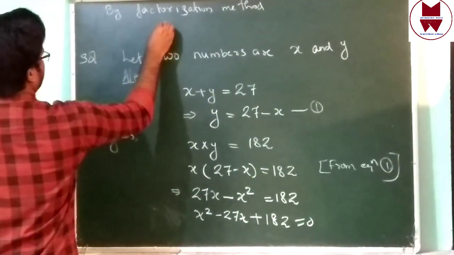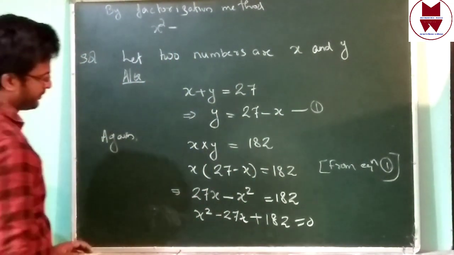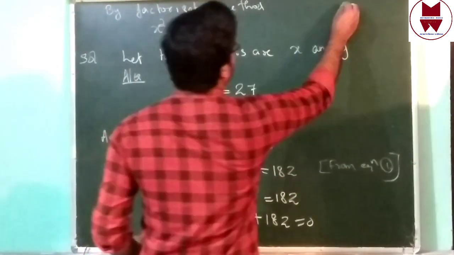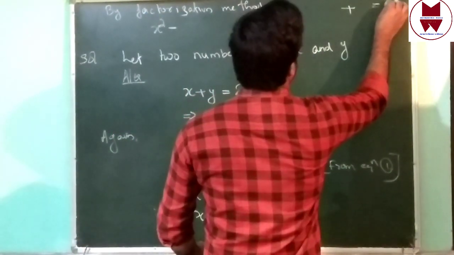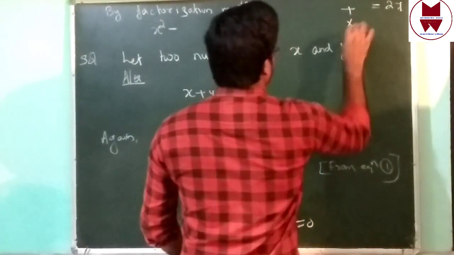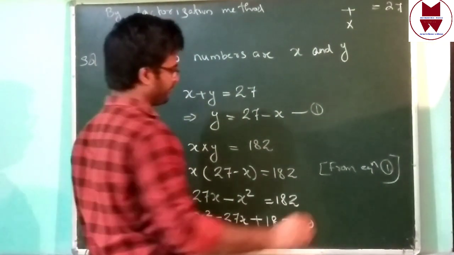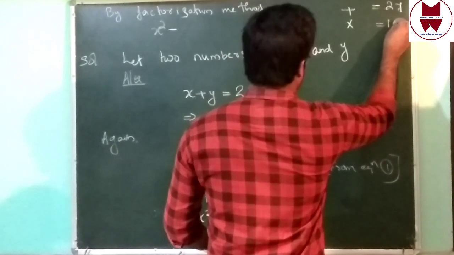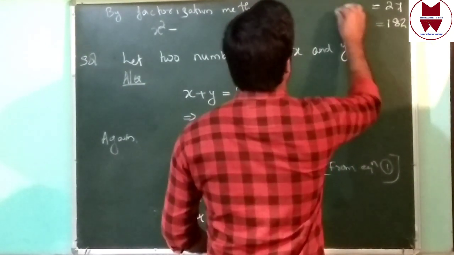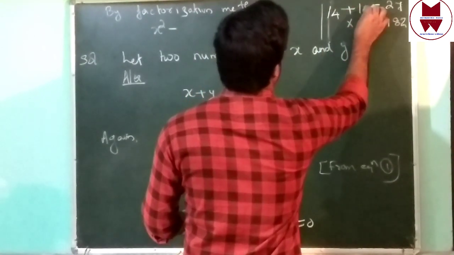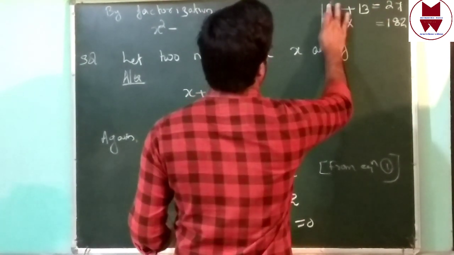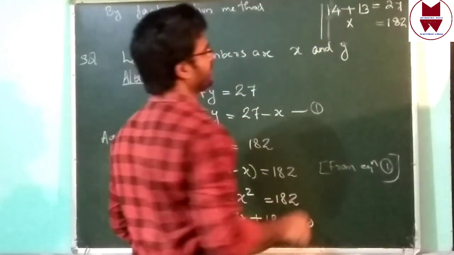We can write x square minus, when you add we need 27, when you multiply we need 182. Use 14 plus 13. 14 plus 13 will get 27.